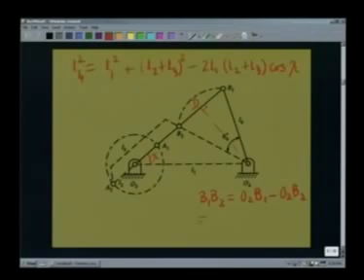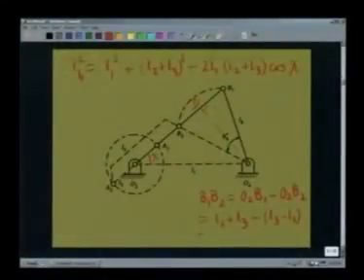Now, link length O2B1 is L2 plus L3, minus O2B2, which is A2B2 is L3 and O2A2 is L2, so this is L3 minus L2. So, we get 2 L2. So, B1B2 is 2 L2, and half of that, B2D, will be L2.